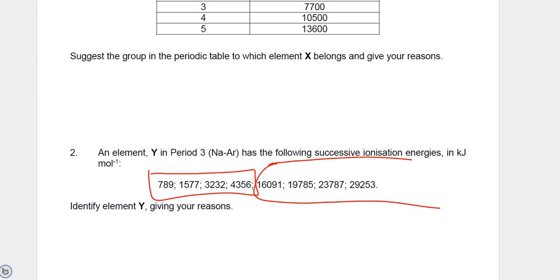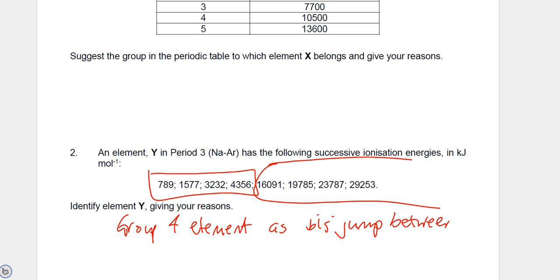So it's telling us that element Y is in period 3. We're looking for an element, a group 4 element, as there's a big jump between the 4th and 5th ionization energies.